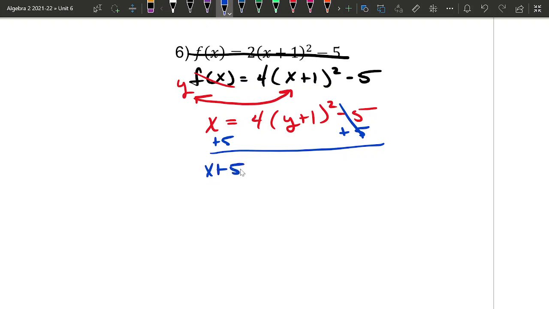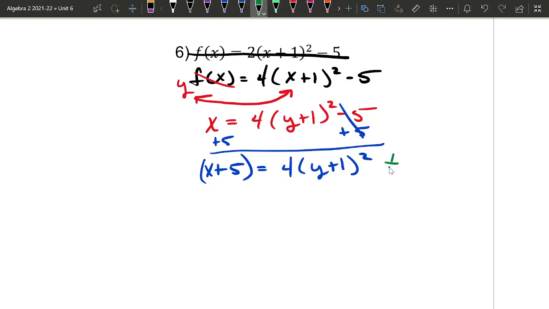So x plus 5, oh look, there's a binomial, so I'm going to group it, equals 4 times y plus 1 squared. Alright, now I have 4 times y plus 1 squared. So I want to get rid of the 4. To move the 4, I'm going to use 1/4 to cancel it.